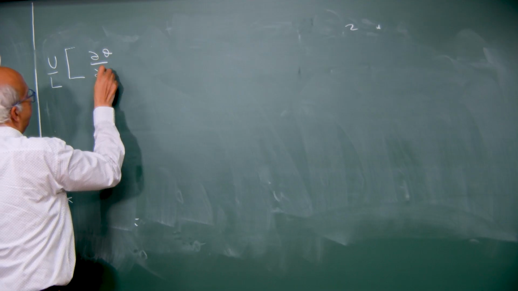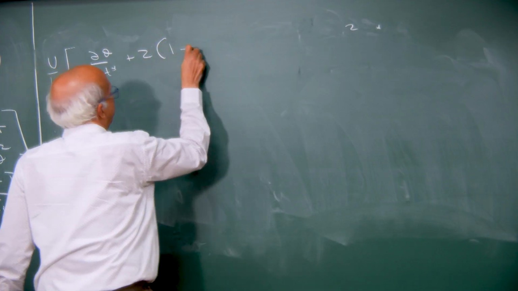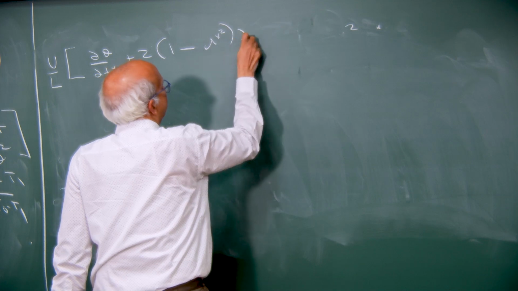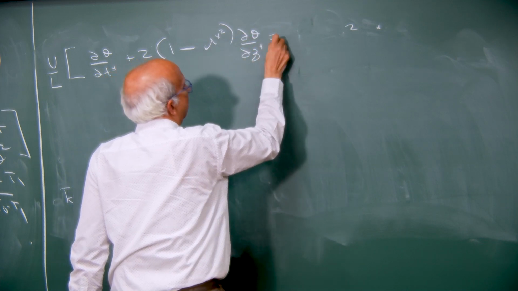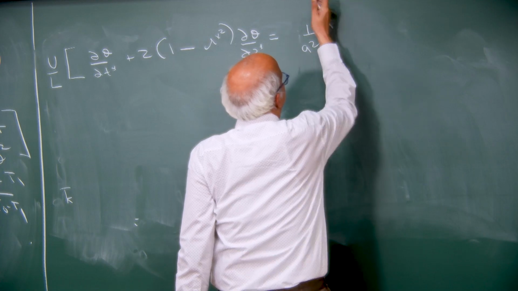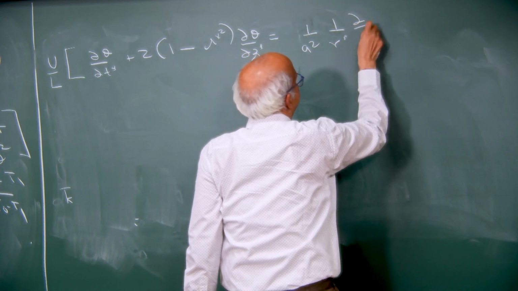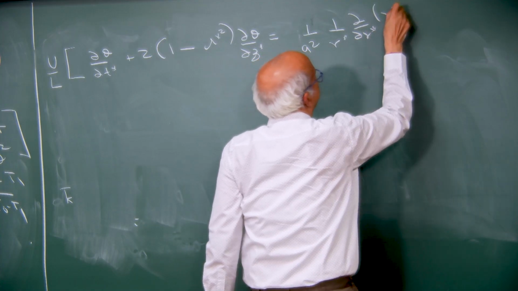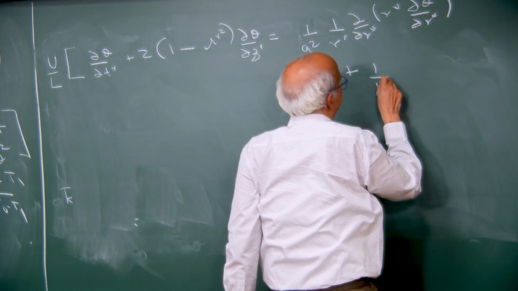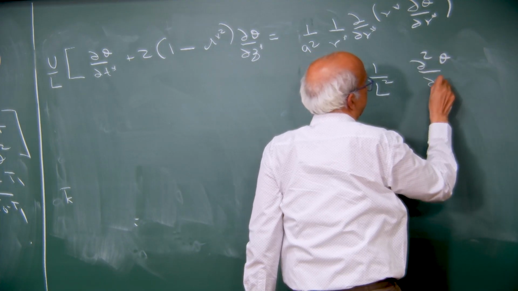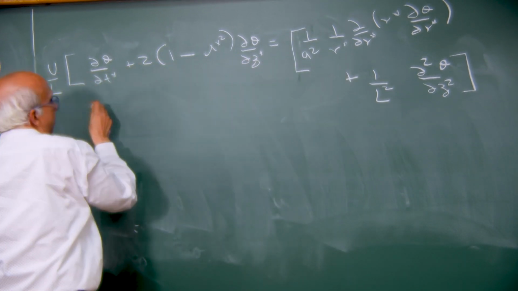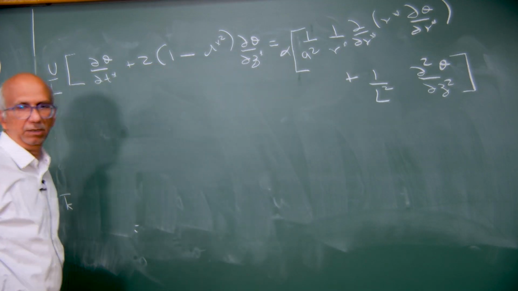So, d theta by dt star plus 2 times (1 minus r star squared) d theta by dz star equals 1 by A squared, 1 by r star d by dr star of r star d theta by dr star, plus the axial term, and I will take the alpha at the bottom.